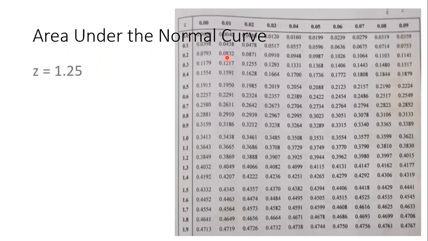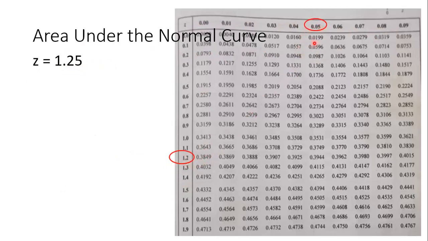So let's say we have a value 1.25. So that is our Z-score. So we look for the first two digits of our Z-score, 1.2, and then the remaining 5 here is actually 0.05. Makikita po natin dito sa taas. Ayan po. And then you have the 1.2 and 0.05.